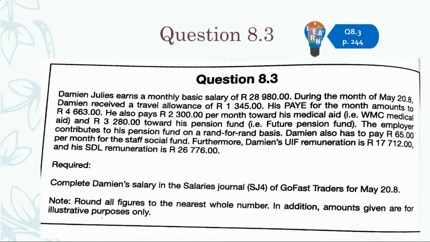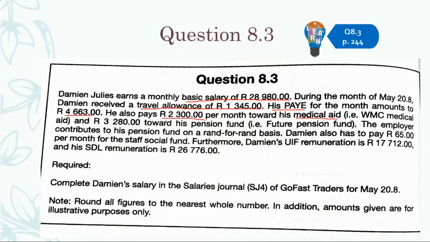Okay, so based on the beginning information already, we can see that Damien earns a basic salary of 28,980, and receives a travel allowance of 1,345 Rand. Okay, the pay as you earn that he paid was 4,663 Rand, and he also pays 2,300 per month towards his medical aid.